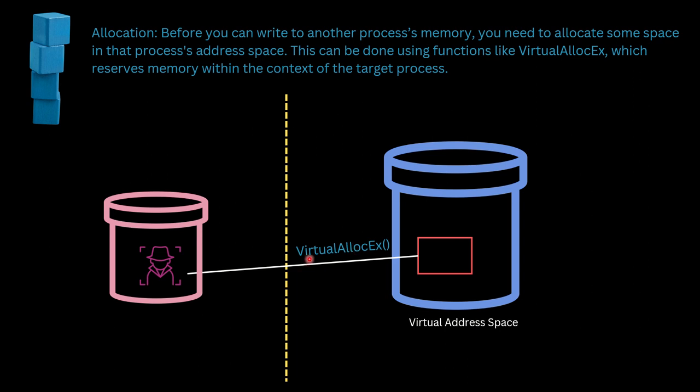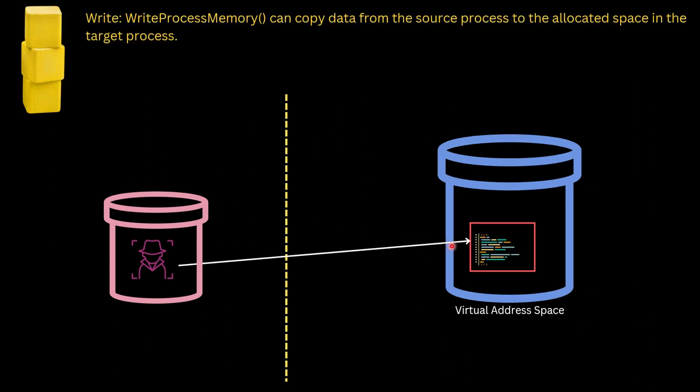So the attacker will use this VirtualAllocEx API. He will call this function, and using this he will give the target process, and then he will reserve a space. After the space is reserved, then comes the writing part, where the attacker will copy its code into the reserved address space of another process, and this will be done by using the WriteProcessMemory API.